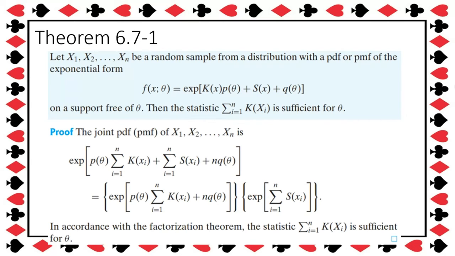So you have n of this, summation of this, and summation of this. Since this one is related to the n, and p of theta has no connection with n, that can be factored out as a common factor. So you have summation of this, summation of this, summation of this, which ends up getting you this.